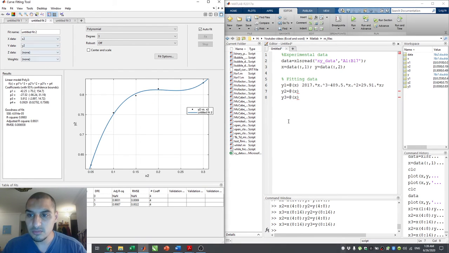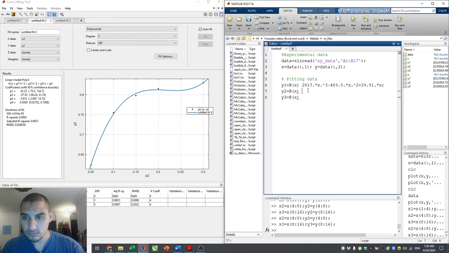For the second part, it's gonna be 42.25 multiplied by x to the power of 3 minus 27.52 multiplied by x to the power of 2 plus 5.912 multiplied by x plus 0.3929.